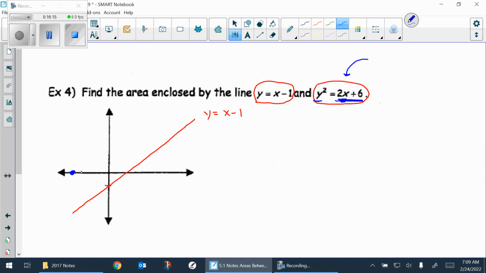So if x is -2.5, y could be either +1 or -1. Now, when we draw this parabola, it's going to go like this.